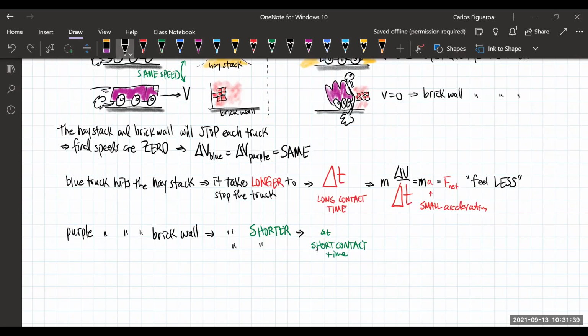So again, according to Newton's laws, this little tiny contact time gives us a large acceleration. And because of the large acceleration, we then feel a huge net force. So you feel more, not less.